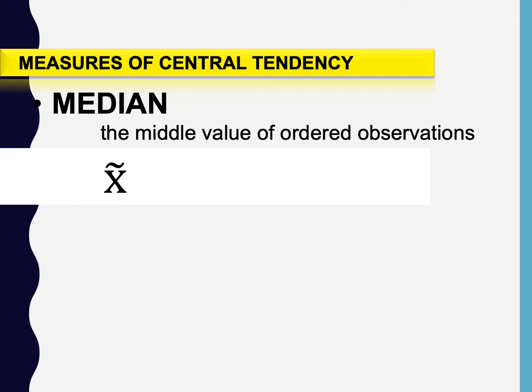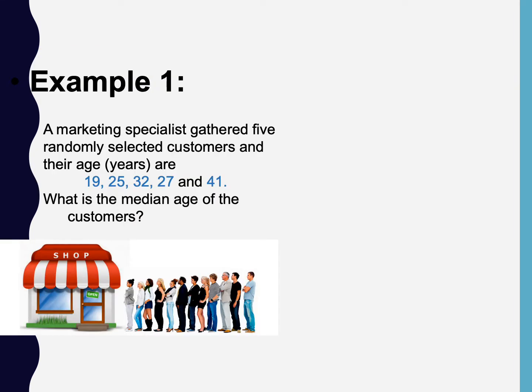The next measure of central tendency is the median. The median is the middle value of ordered observations. Take note of the symbol used for median. Going back to the first example, we have to identify the median age of the customers.